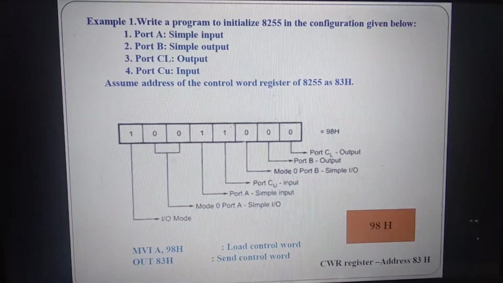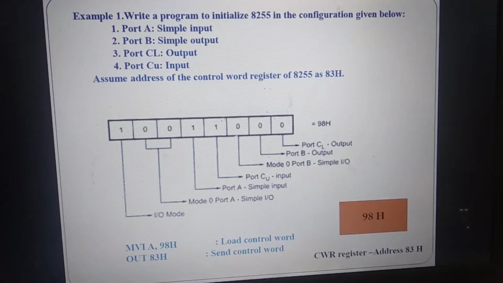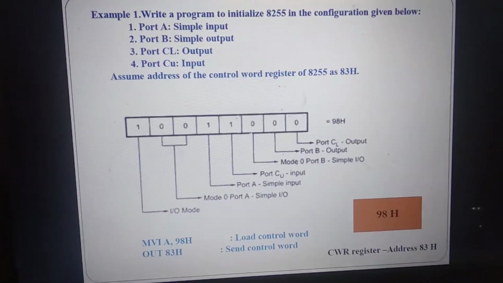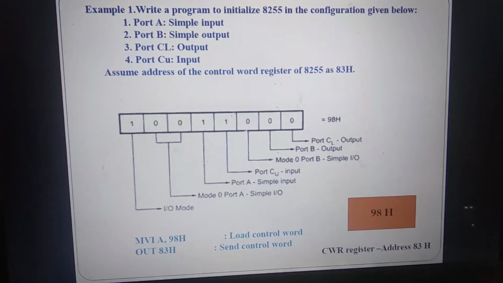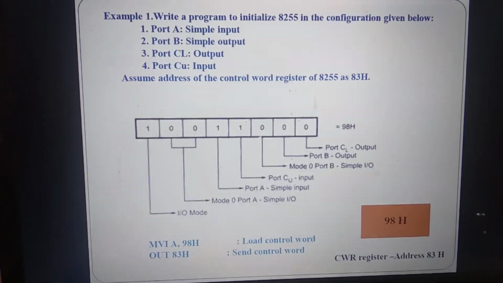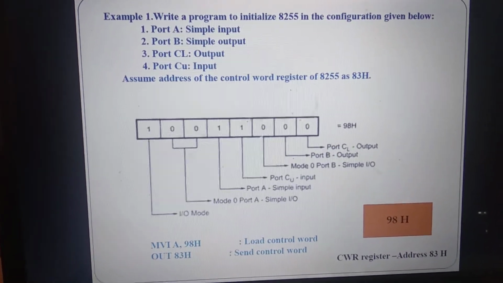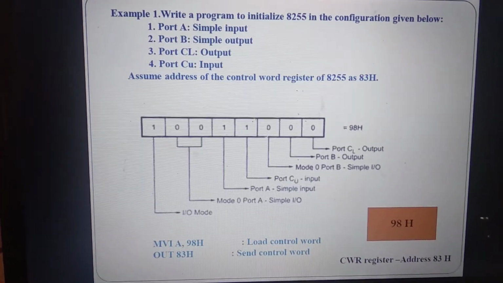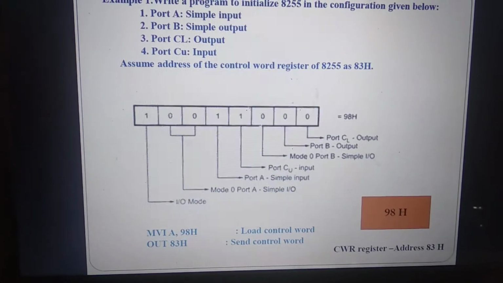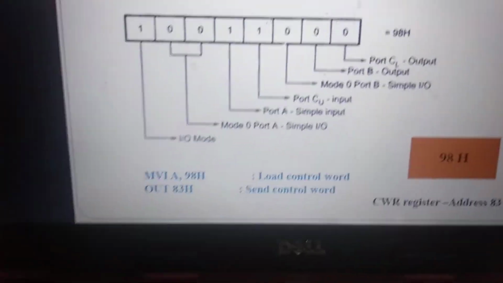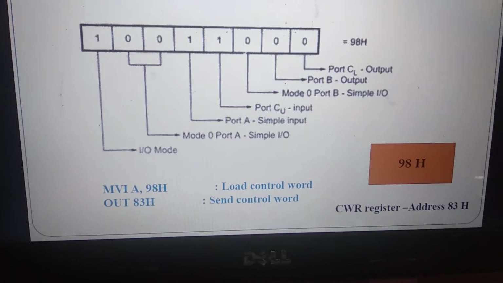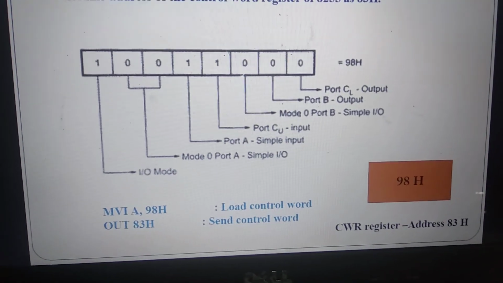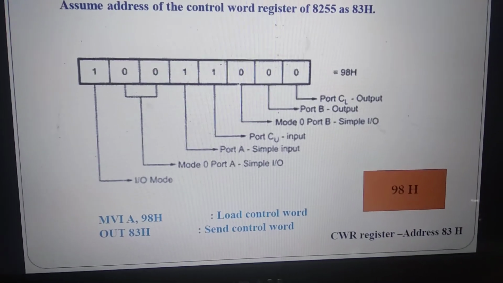And what is written in the statement is to assume the address of the control word register of 8255 as 83 hex. That means the CWR register has the address 83 hex, and at this 83 hex address, this 98 hex data is to be written by the microprocessor. So these 2 lines of code are written for this function: MVI A, 98 hex. So the accumulator of the microprocessor is loaded with the CWR register content.